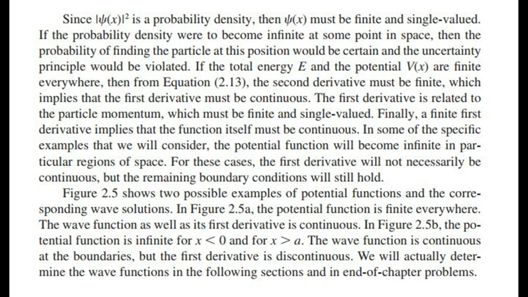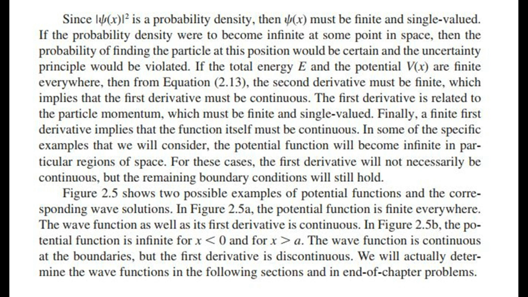If the total energy E and the potential V(x) are finite everywhere, then from equation 2.13, the second derivative must be finite, which implies that the first derivative must be continuous. The first derivative is related to the particle momentum, which must be finite and single-valued. Finally, a finite first derivative implies that the function itself must be continuous.